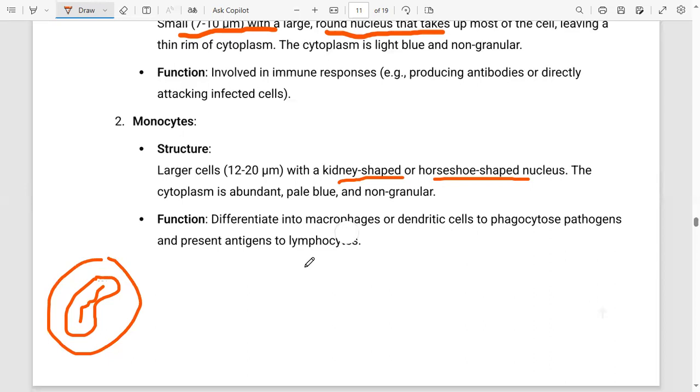On their own, monocytes don't have a function, but they first have to mature into macrophages or dendritic cells. Once they do, they can kill or phagocytose pathogens, and they also present antigens to the lymphocytes. Those are the two functions of monocytes.